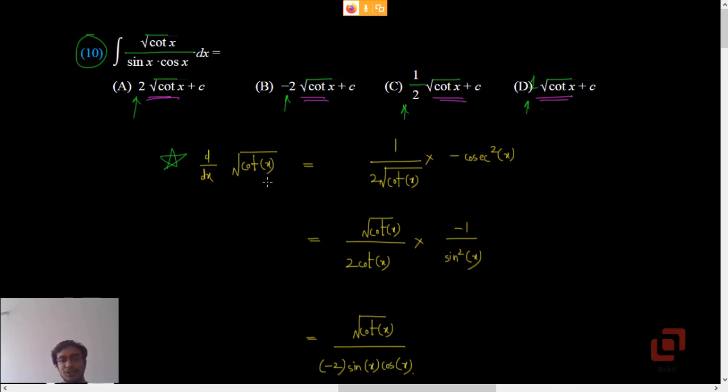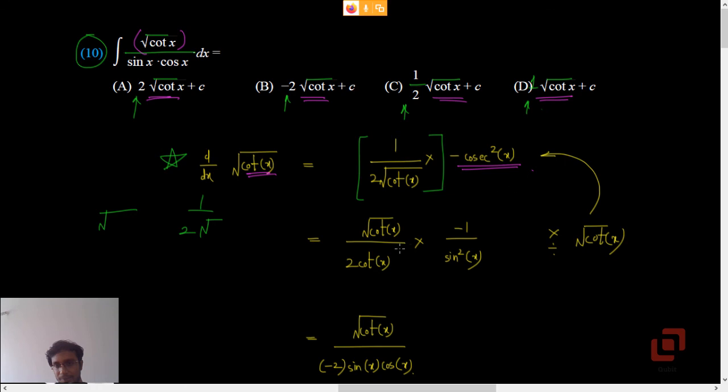So d by dx of root of cot x, again chain rule, outer function is root whose derivative is 1 upon 2 root, so 1 upon 2 root cot x into derivative of the inner function, which is cot, so negative cosec squared x. Then I observed that the integrand's numerator contains root cot x, so I multiplied and divided by root cot.